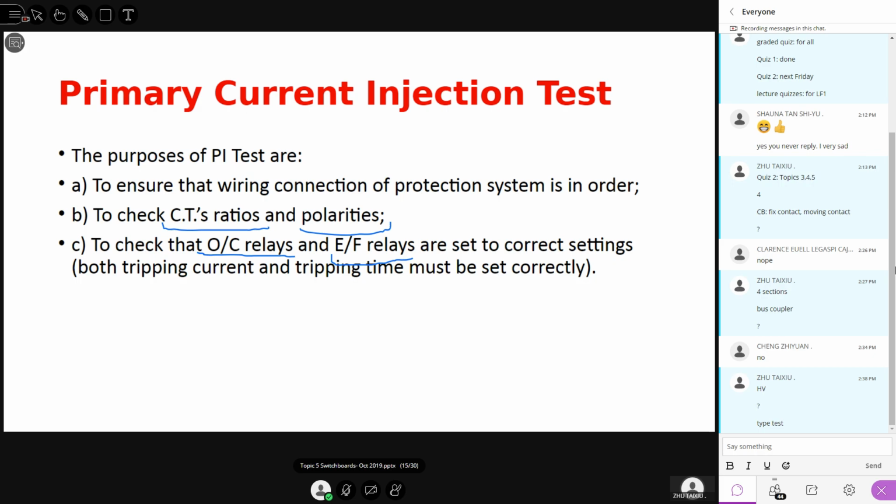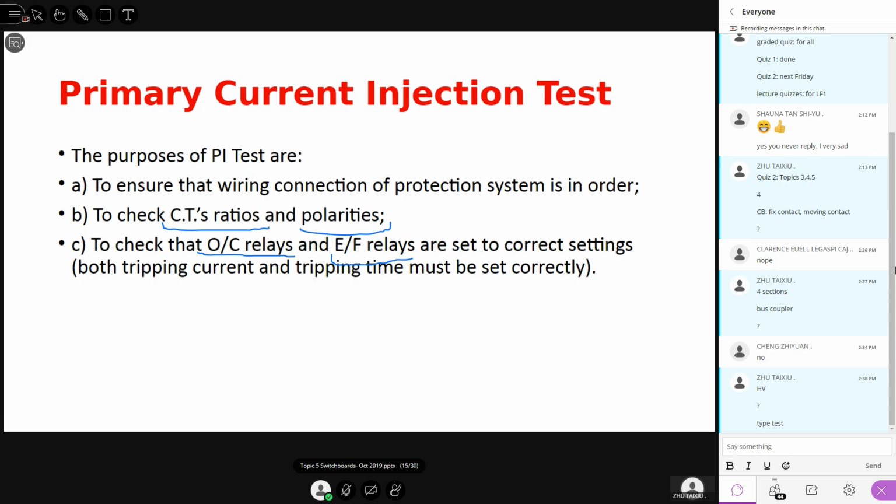Remember, you can use the IDMTL for overcurrent protection, right? Now where you have to determine the plug setting and time multiplier, correct? Yeah. For the DTL relay, you have to set the relay current setting and also the time. Whether the settings are correct or not, now you can check through the primary current injection test.